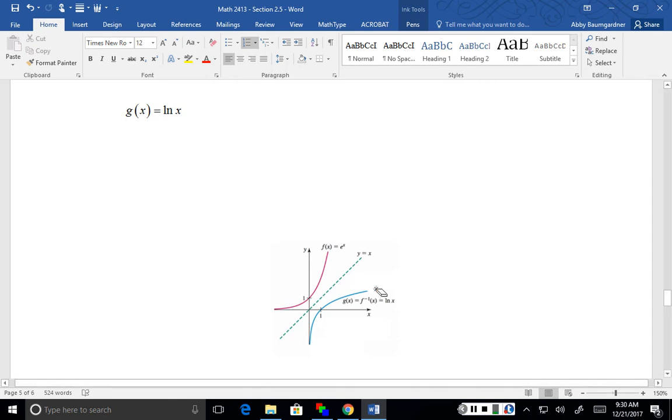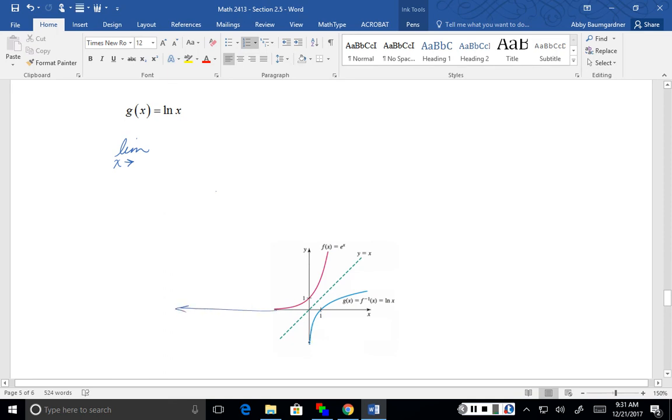All right, so we're looking at our blue graph here, and we want to describe the limit. We can't actually describe it at negative infinity, because way over here on the left side of the graph, the blue graph doesn't even exist. This red graph goes on forever, but there is no blue graph.